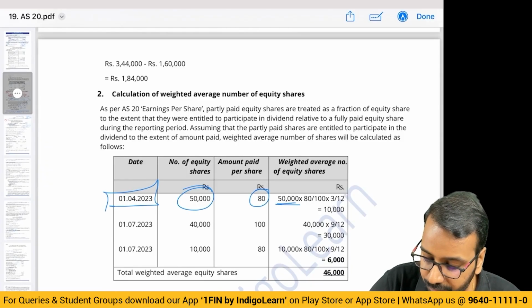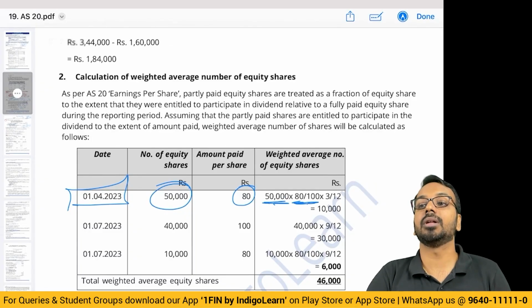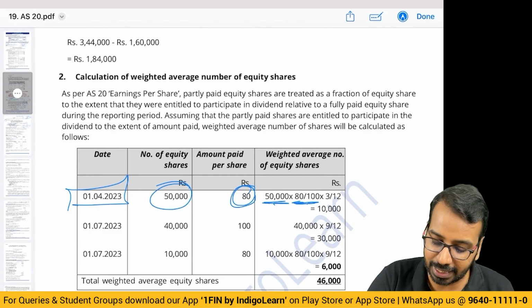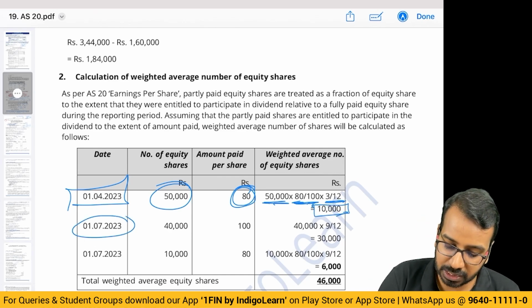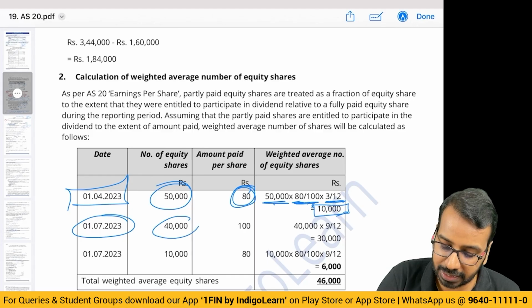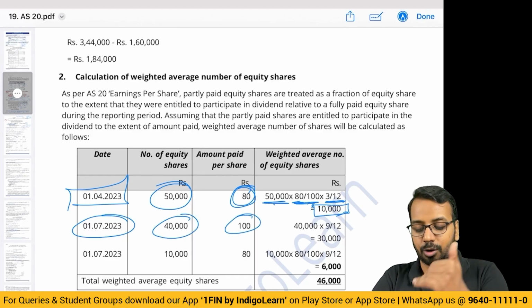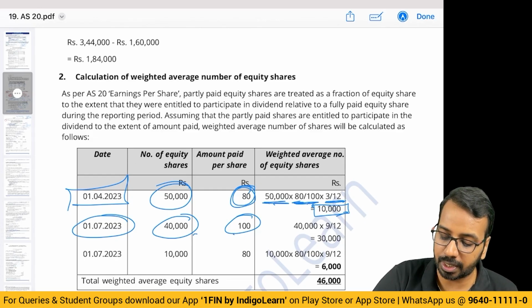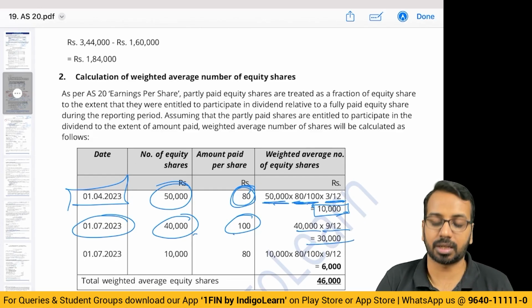So, what we will do? 50,000 into 80 by 100 into 3 by 12, 10,000 first. Then on 1st of July, 40,000 paid 100 fully, because 80 was already paid, 20 has been paid. So 40,000 into 100 by 100 into 9 by 12, 30,000.